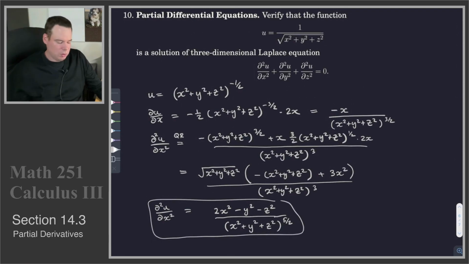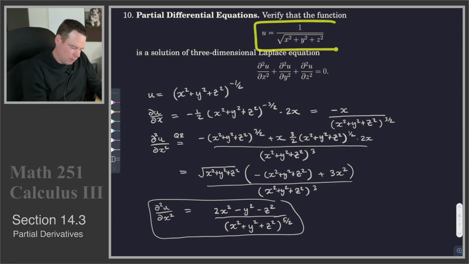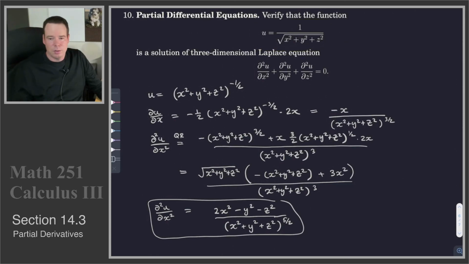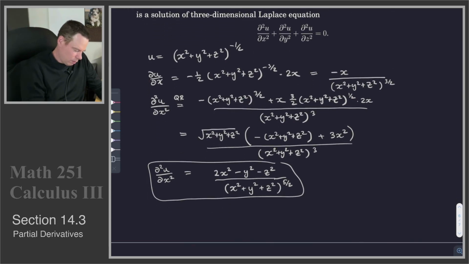Okay, so now we just need to do the second partial with respect to y, the second partial with respect to z. However, if we notice that our original function, there's a lot of symmetry in it. X, y, and z all appear in the same way. So if I was to compute the second partial with respect to y, we would just go through a similar calculation where everywhere I did something with the x above, I would be doing something with the y above.